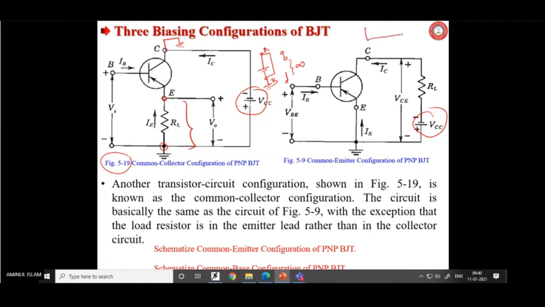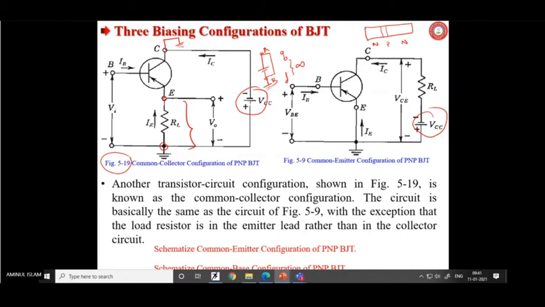Let me just draw the structure of an NPN BJT. So you have come across that it has to be biased for its proper operation. Proper biasing is required. So how you bias it? Proper biasing means what? To make it function as an amplifier, how you are going to bias?